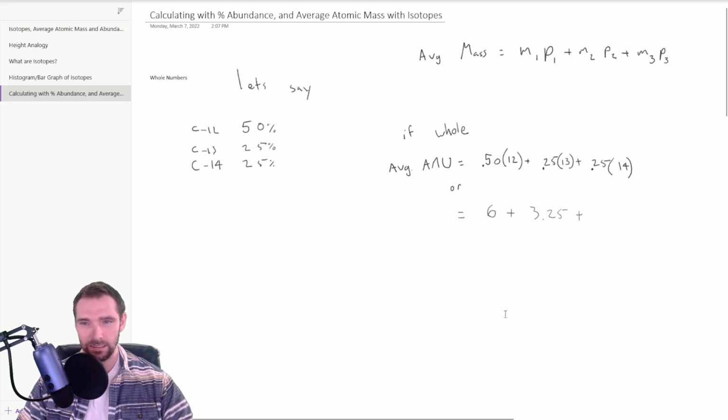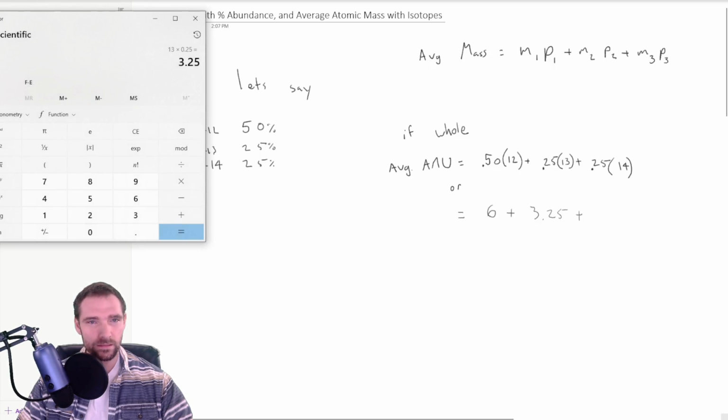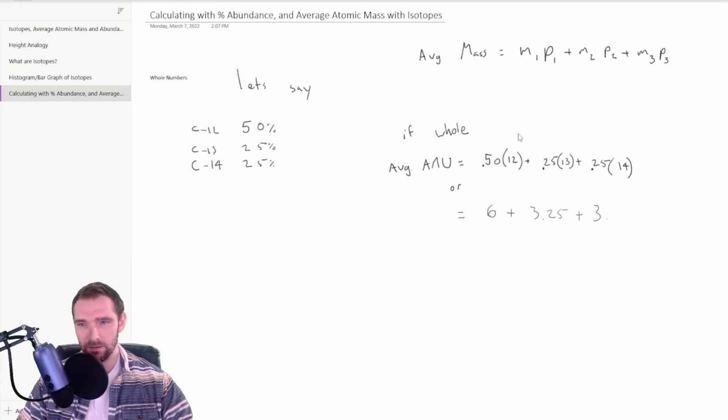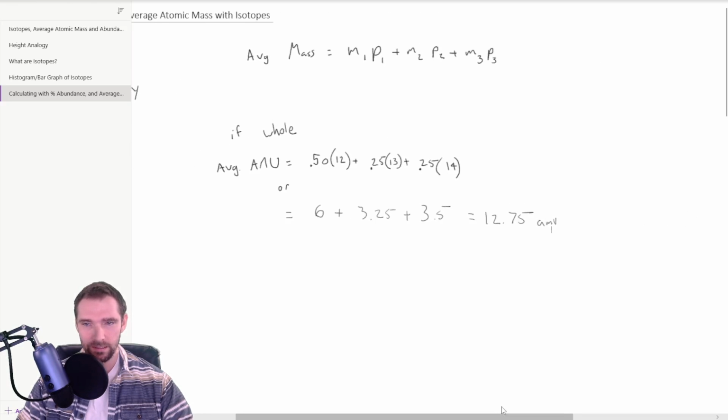And then we're adding to that 14 times 0.25, and that's 3.5. Okay, and we add those all up and we get 12.75. And this has to be AMU for the units, because we're talking about atomic mass.